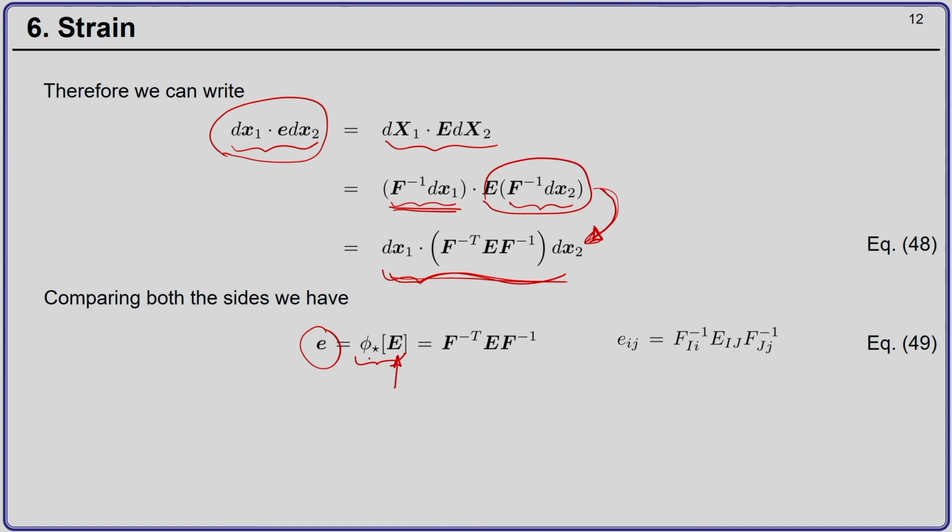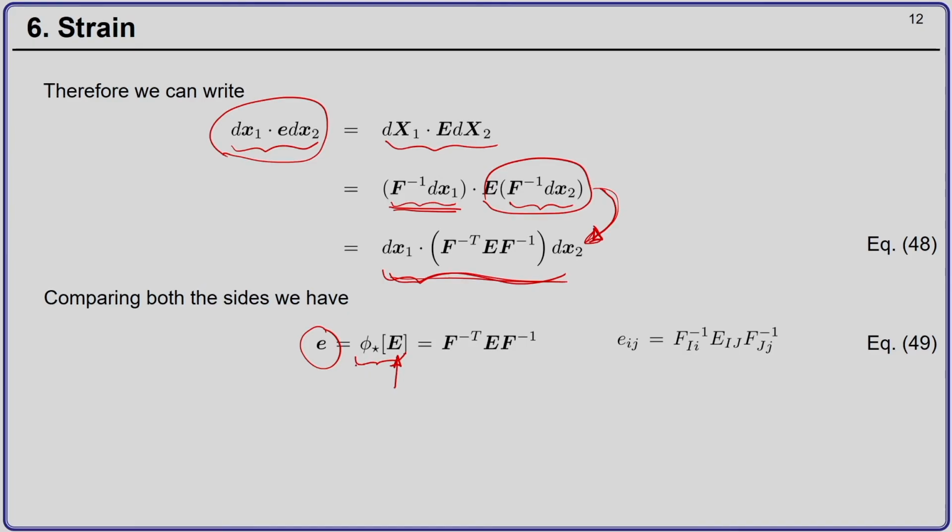Remember, phi star square bracket E meant the push forward operation of E. Now, pushing forward E, the Green-Lagrange strain tensor, gives you the Euler-Almansi strain tensor, and the way this push forward is done is given by F inverse transpose E F inverse.